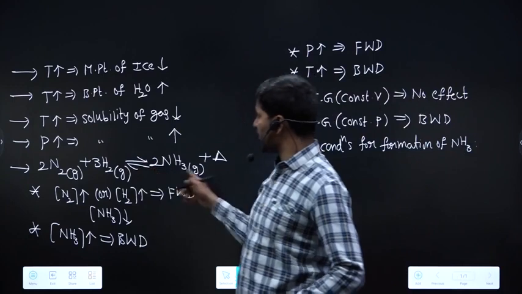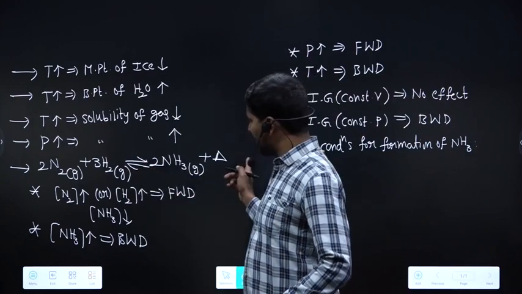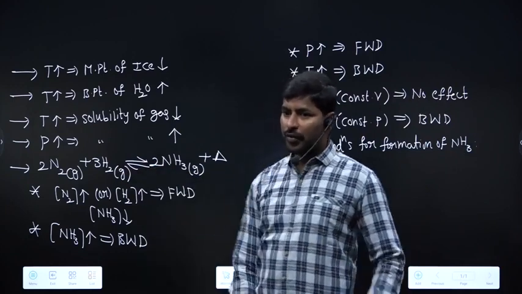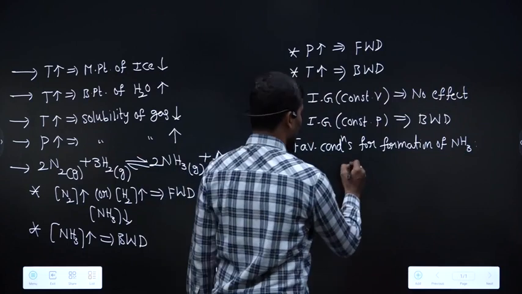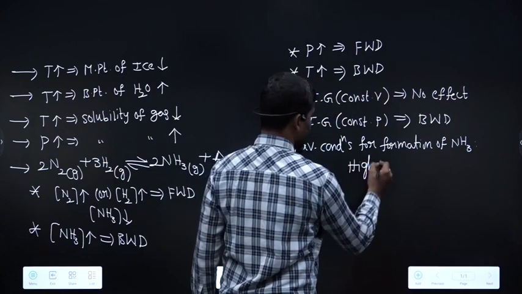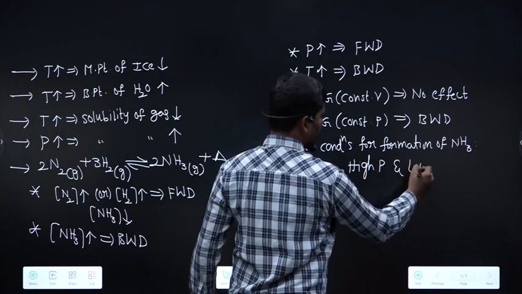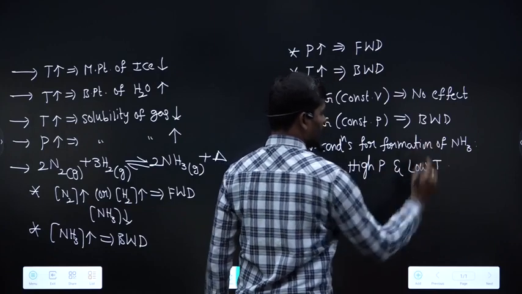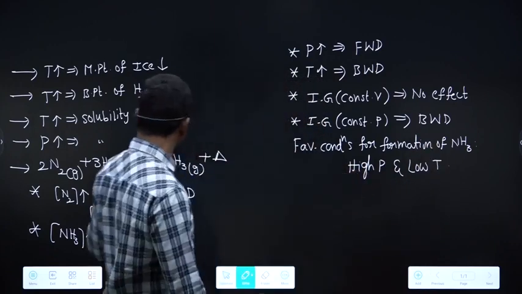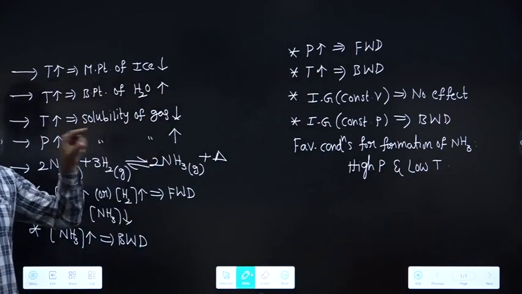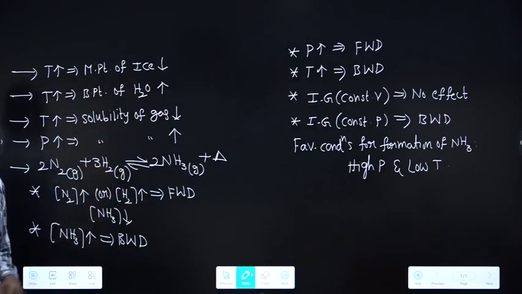If you increase pressure, it proceeds in the forward direction, and if you decrease temperature, it proceeds in the forward direction. So in the laboratory, we have to follow high pressure and low temperature to get more yield of ammonia.